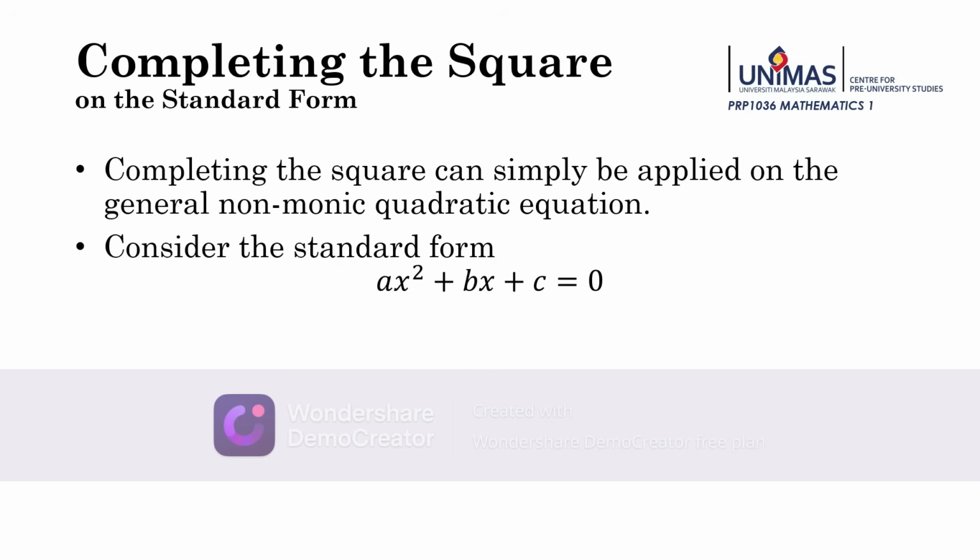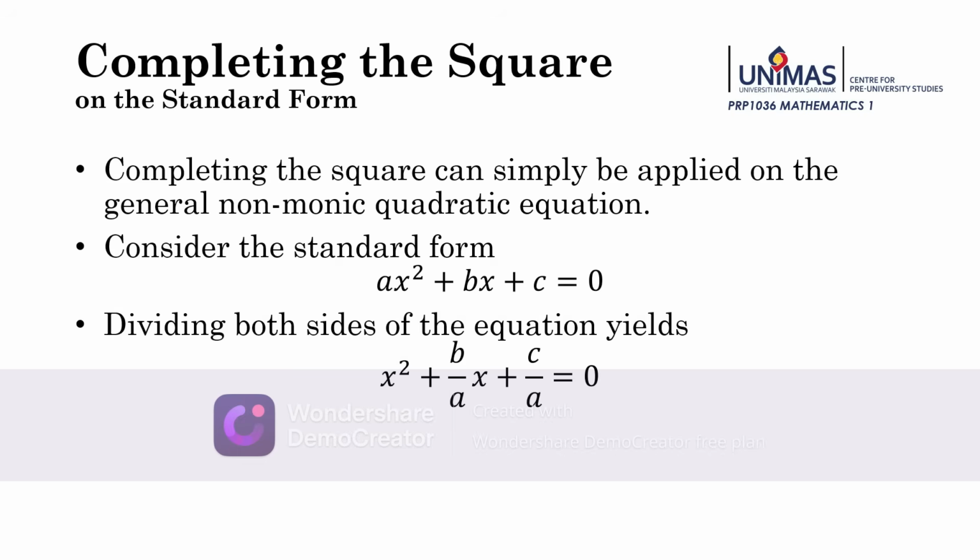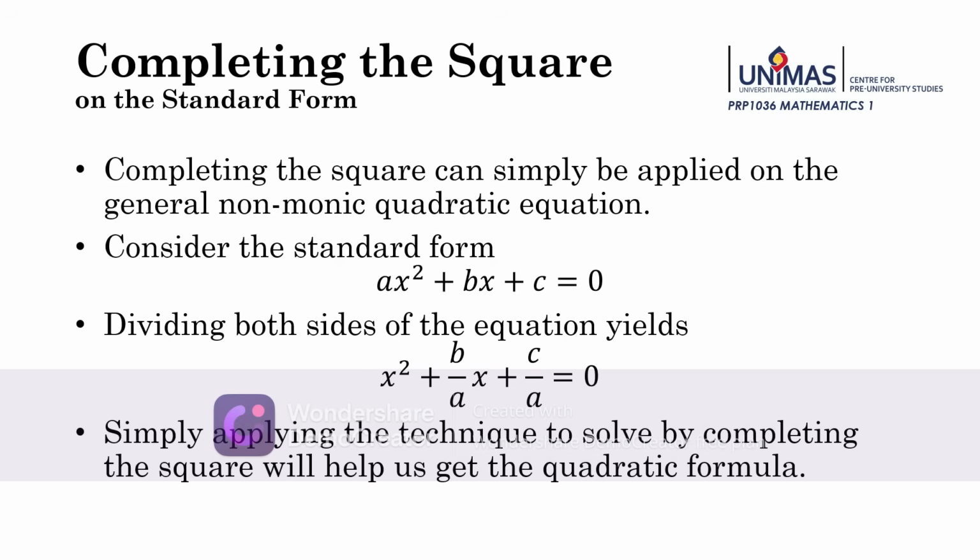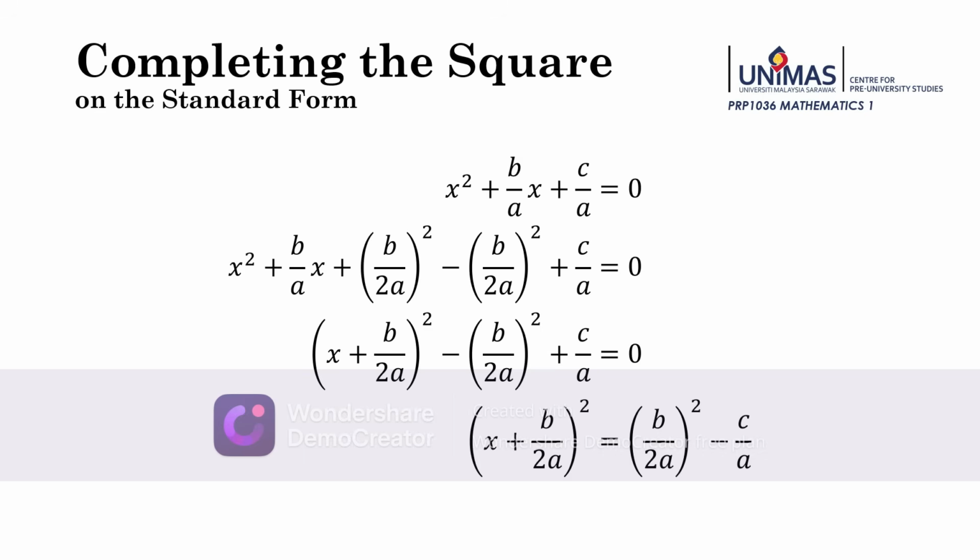Consider the standard form, ax squared plus bx plus c equal to 0. Right? Divide both sides of the equation. Okay, this is the monic quadratic equation. And simply applying the technique of solving by completing the square will help us get the quadratic formula. So you can read it yourself.